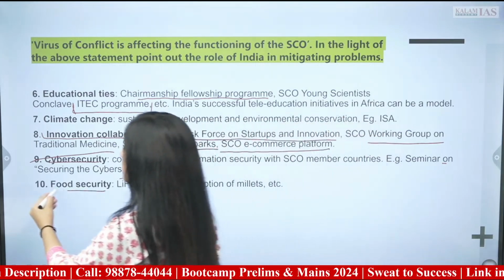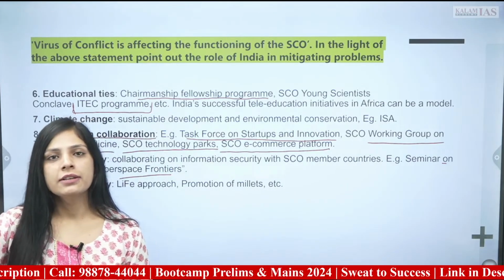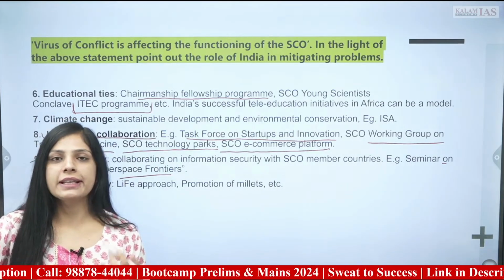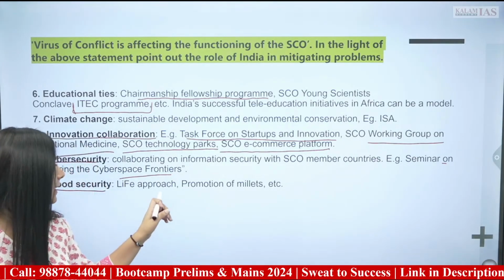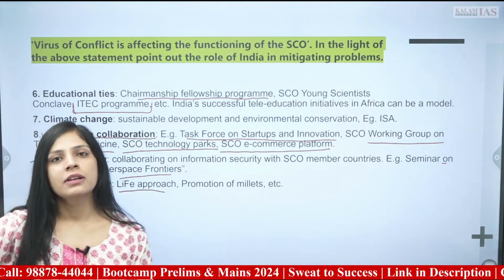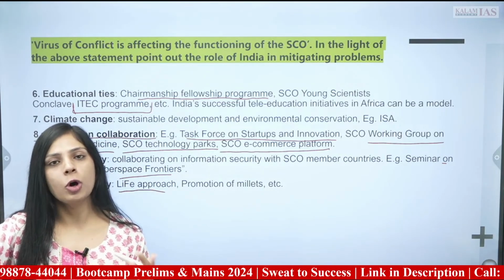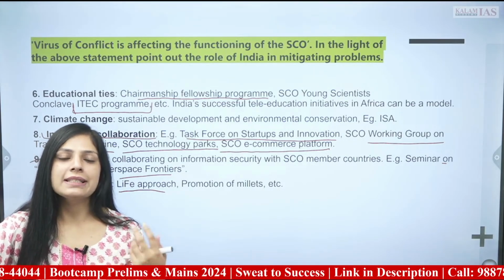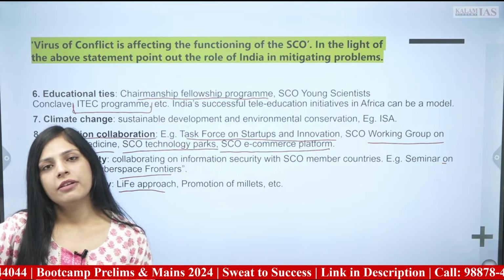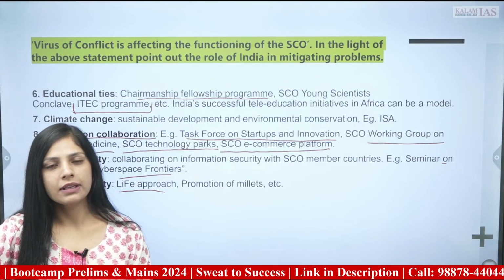Food security. As global challenges are emerging, food security is also a major area in which India should play a role. Examples: India's LiFE approach, the approach which India is taking towards a circular economy, towards a setup where a very low amount of wastage would be there, right?